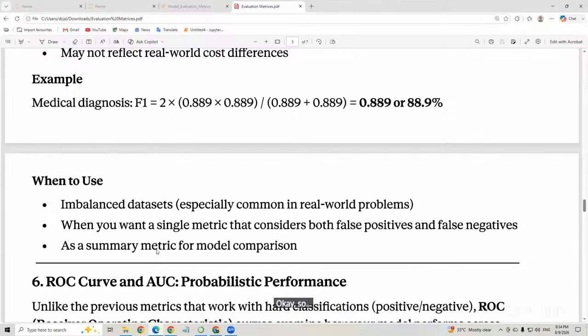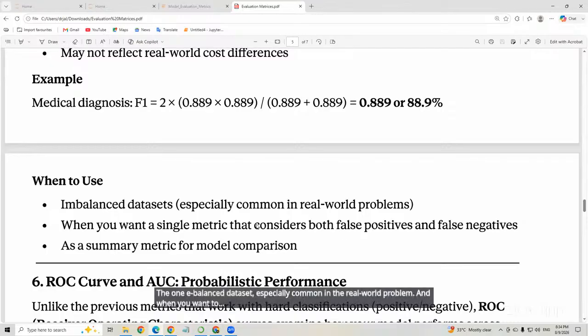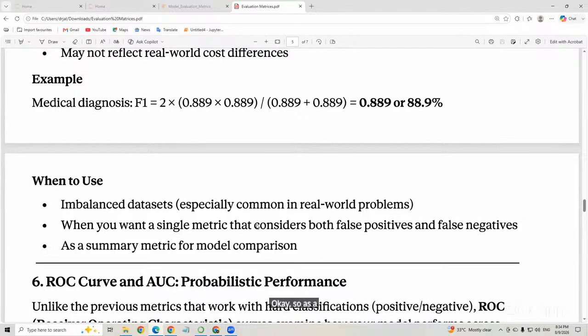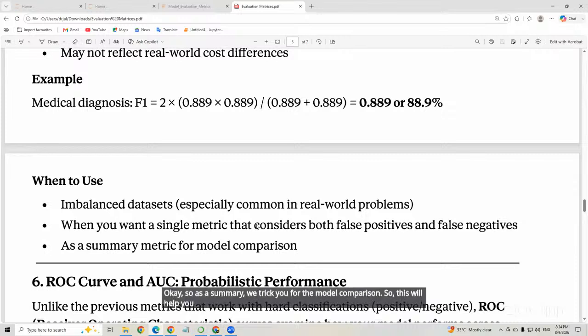When to use it: when the data set is imbalanced, especially common in real-world problems, and when you want a single metric that considers both false positives and false negatives, as a summary metric for model comparison. This will help you choose the model.